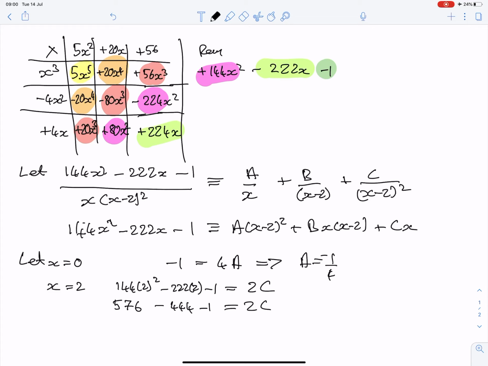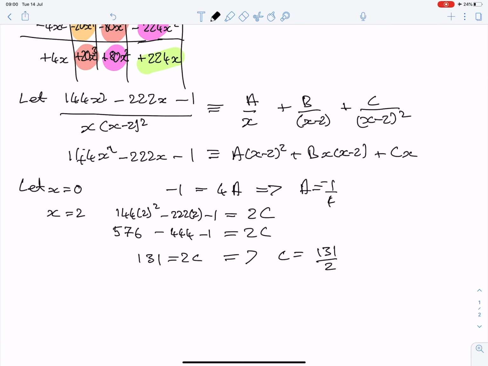And so that leaves us 131 equals 2c. Implies c equals 131 over 2.